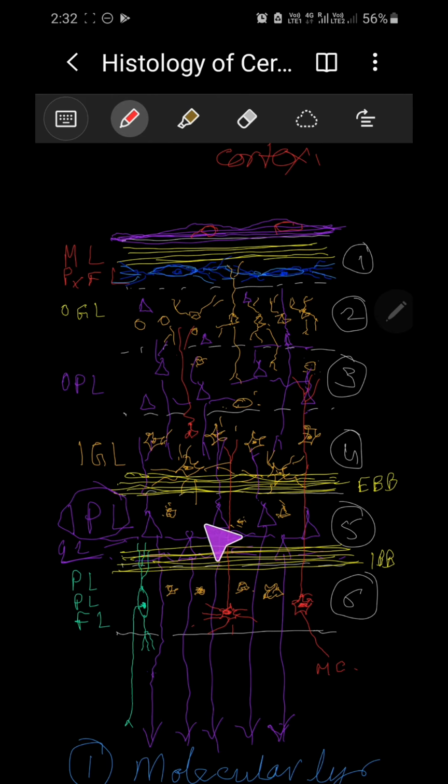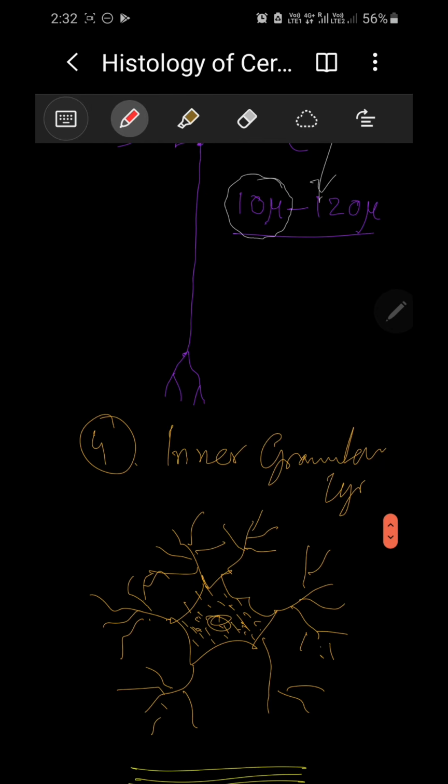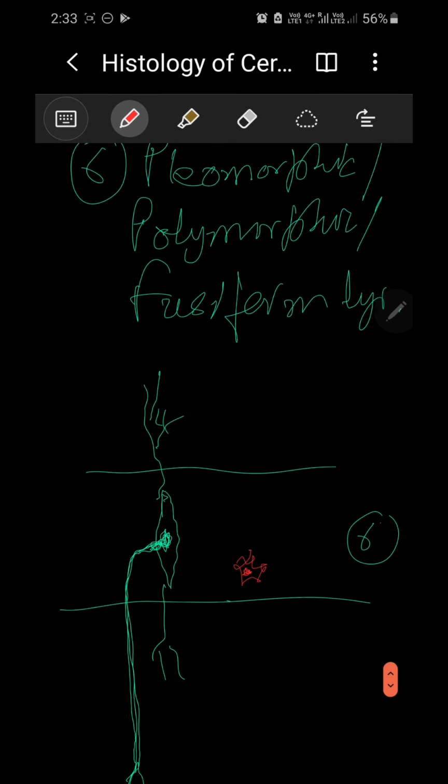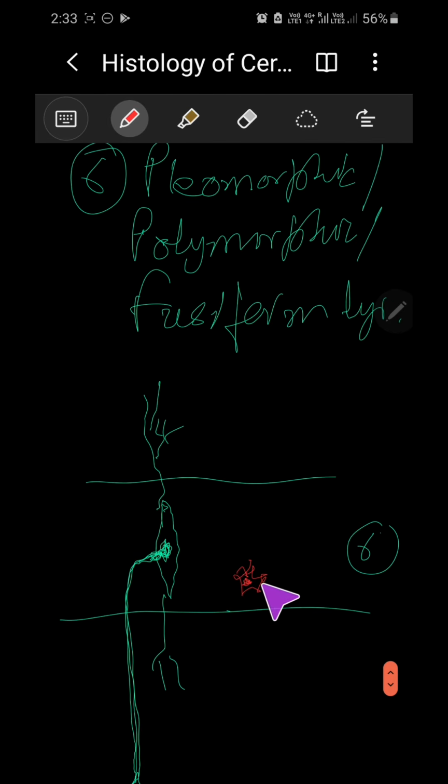So it's not peculiar, but you predominantly find these Martinotti cells here in the 6th layer, though it doesn't mean they are not present anywhere else. Let me draw it first. As I told you, the importance is that they are inverted neurons. They have the axons reaching the layers above, and the dendrites will be present here.